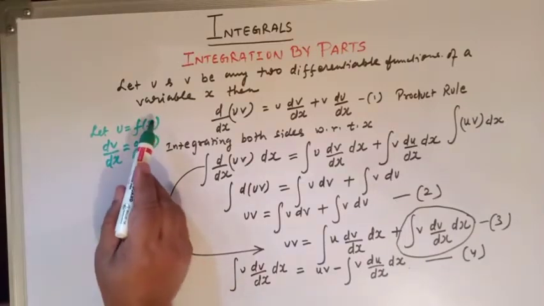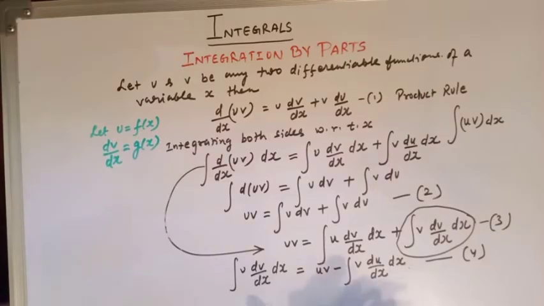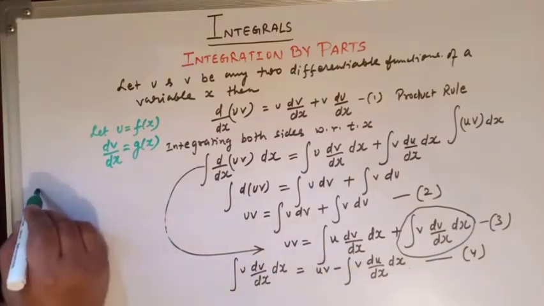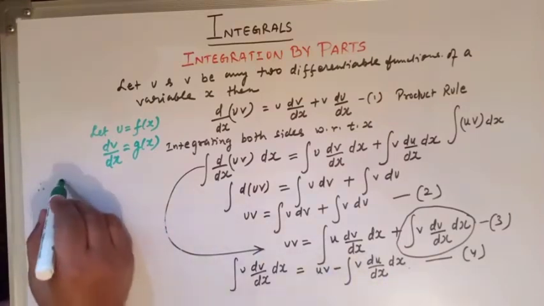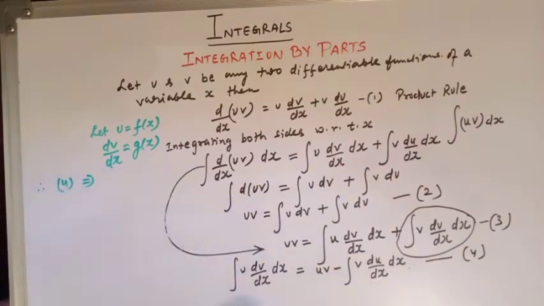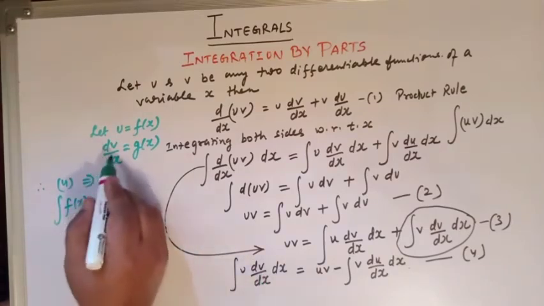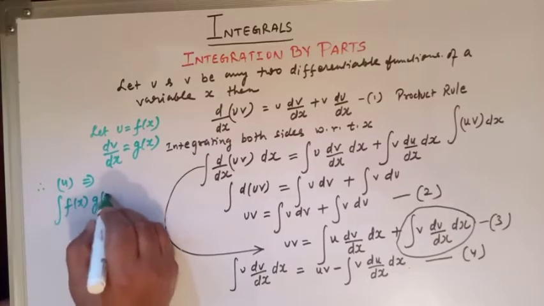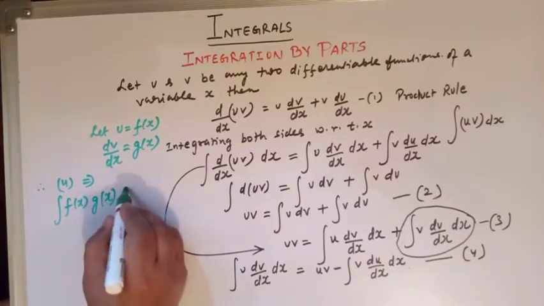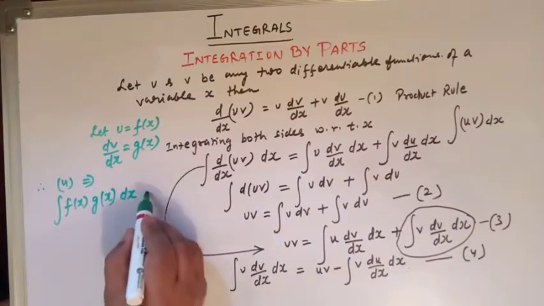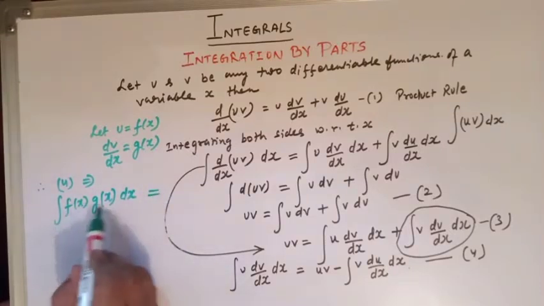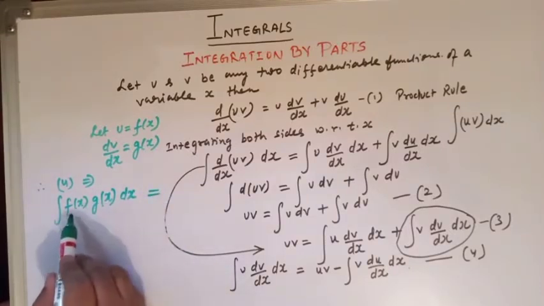Now let us substitute these values in equation 4. Clear? So therefore this equation 4 implies, here we have the integral, this is u, and for u we can write f of x, and dv by dx is equal to the function g of x, and dx. Clear? Equal to, now here we get the product of two functions f and g.